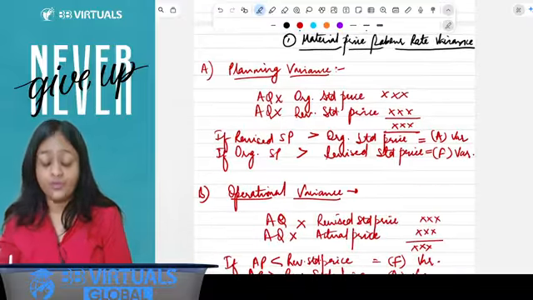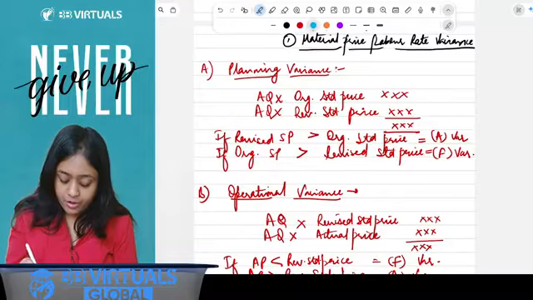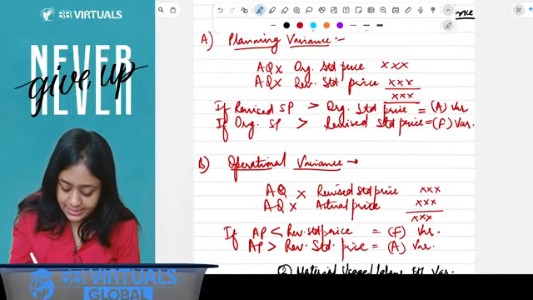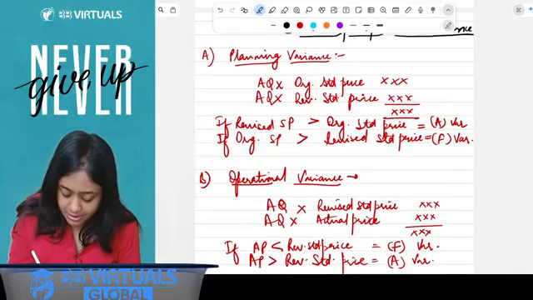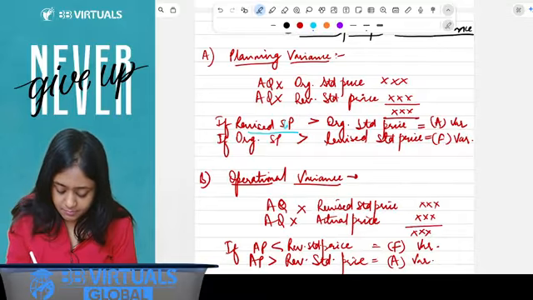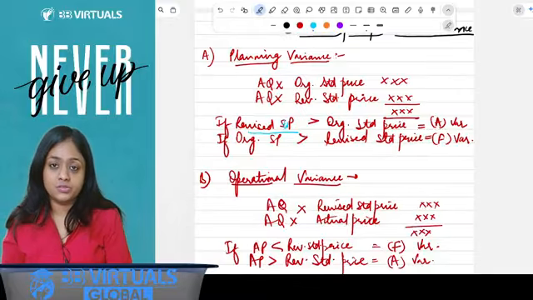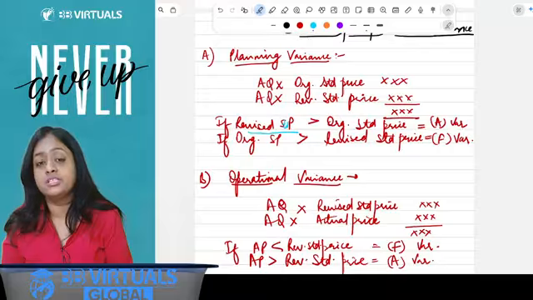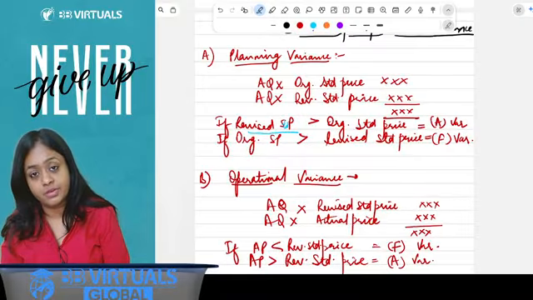Okay, so remember as a point, in your planning variances, if your revised selling price or the revised standard price or the budgeted price is more, then it's an adverse variance, because if on revision it is costing more, that means the management has done poorly, so it's an adverse variance.